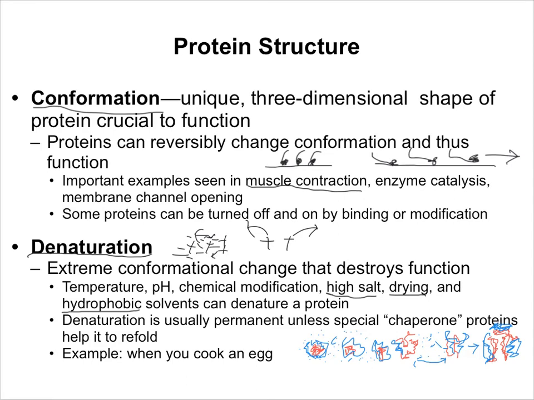By the way, this is also how cheese is made. Cheese is made from milk, and the way it's made is that you allow bacteria to ferment the lactose into lactic acid. What have you done? You've changed the pH of the solution.